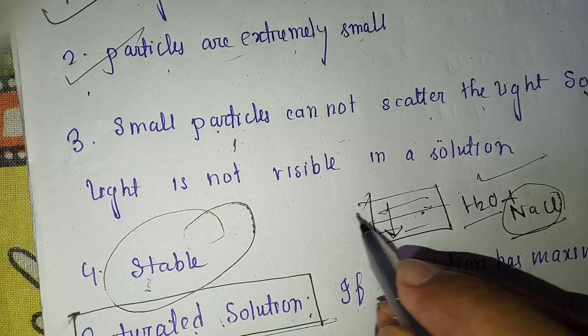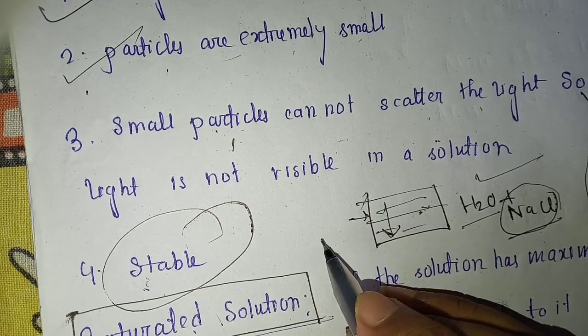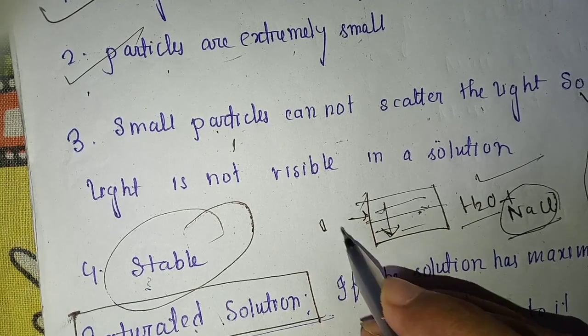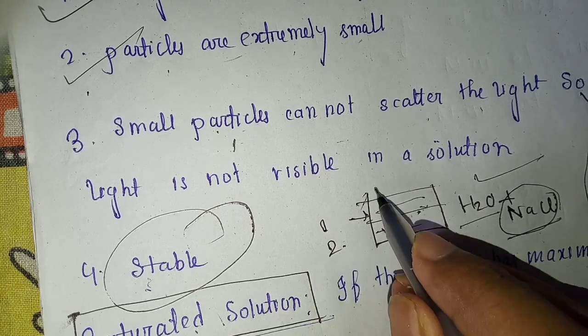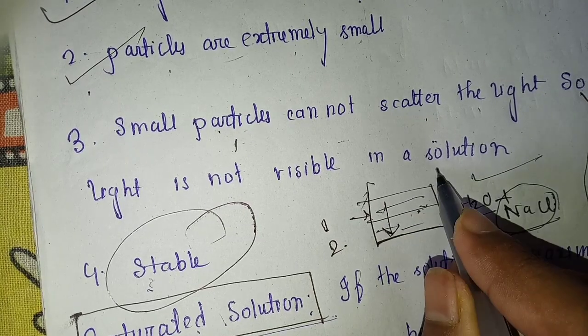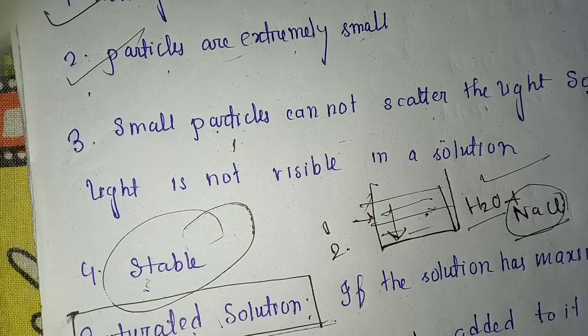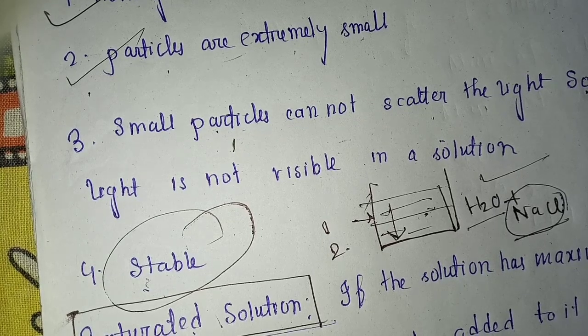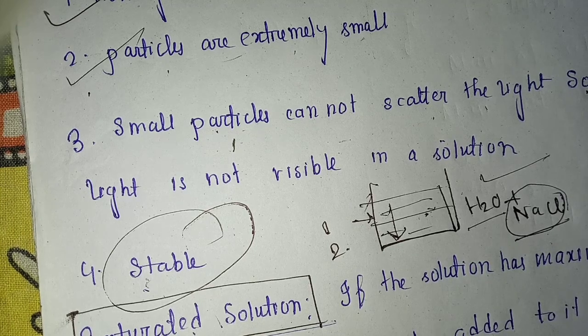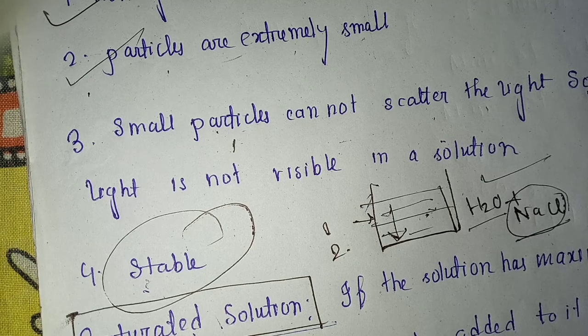Here two kinds of particles are present: one is the particles of H2O and another is the particles of NaCl. If I keep this solution for a long time, the particles of NaCl will not settle down. Why? Because it is a stable solution.